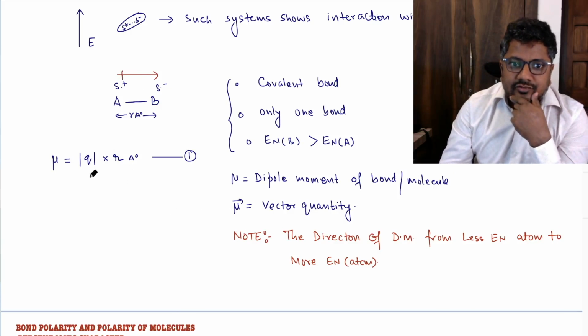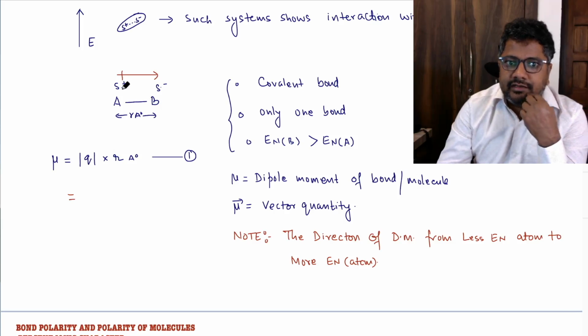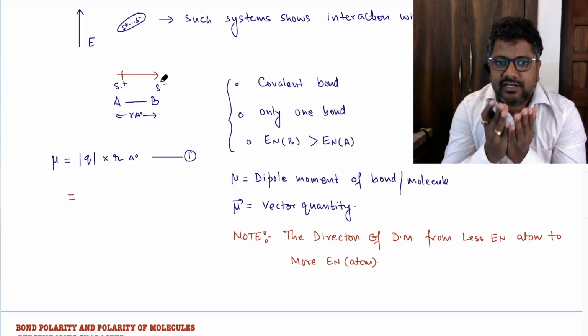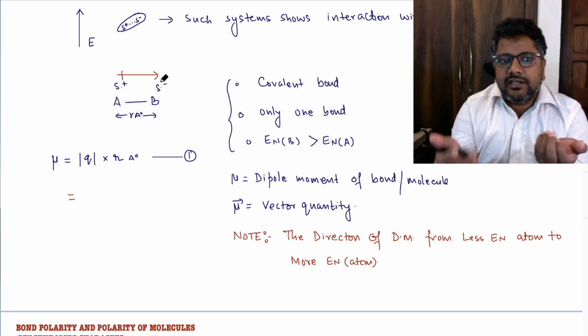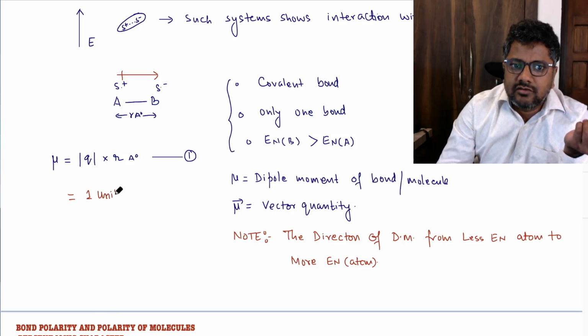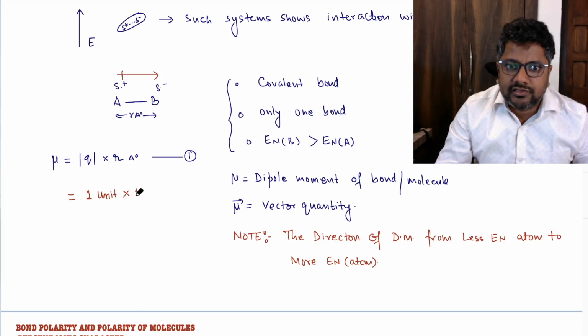Now see, if we take unit positive and unit negative charge, although this is not actually a unit charge, but if we consider one unit charge into R, and R we take as 1 angstrom.